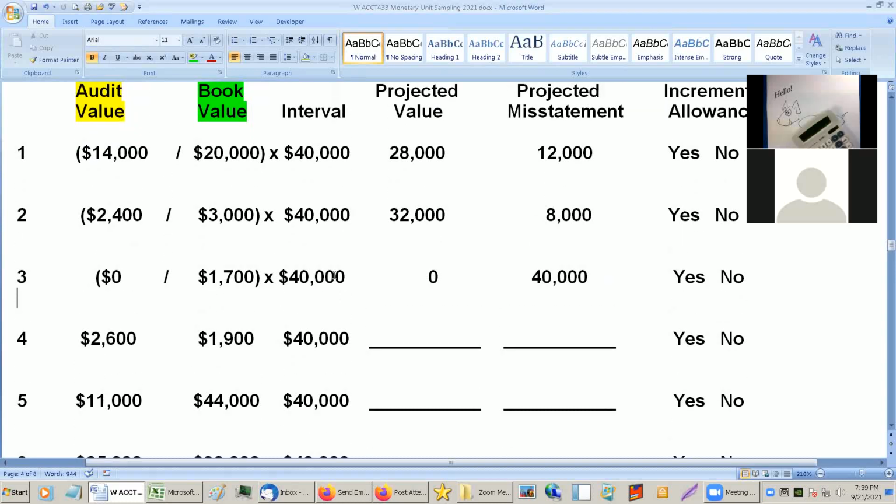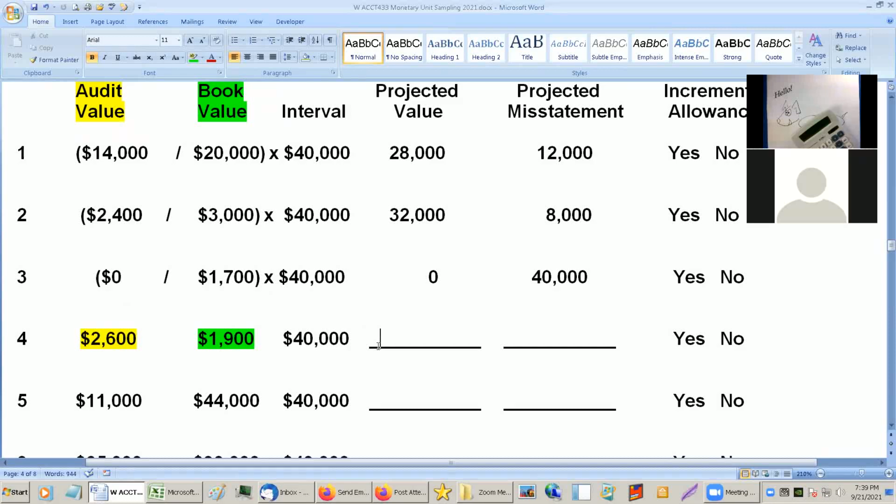Number 4 is actually over by 14,000. Yeah, but here's the thing. There's something wrong about this one. This is an understatement.